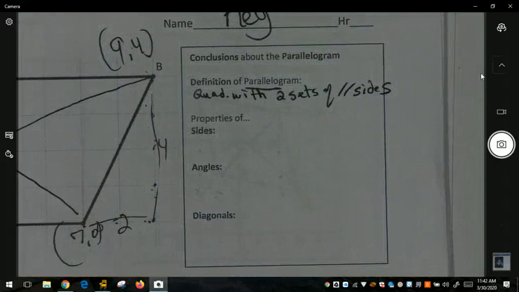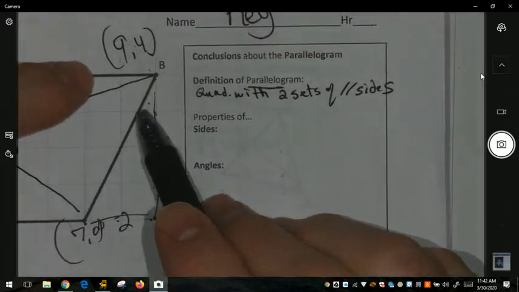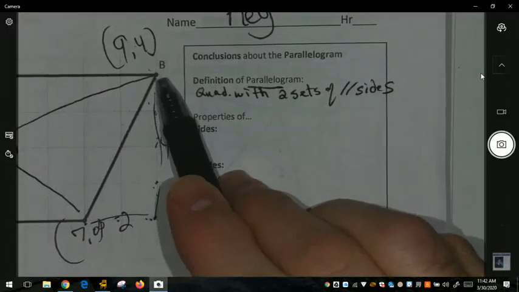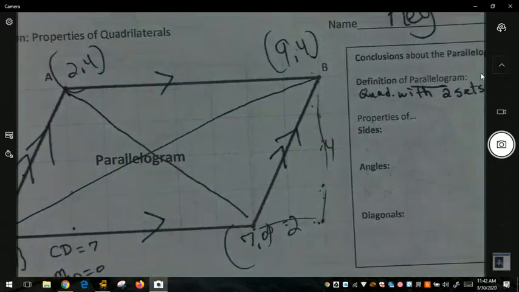Those parallel sides are obviously the ones that are opposite of each other. If they were adjacent, then they would touch each other and be intersecting, so they couldn't be parallel. So there are two sets of parallel sides. That is the definition of a parallelogram. Two sets of parallel sides.